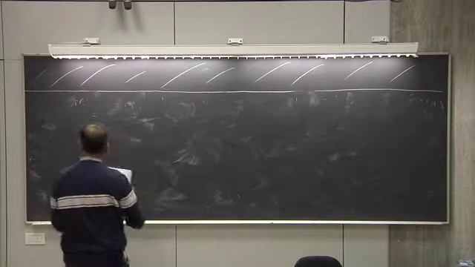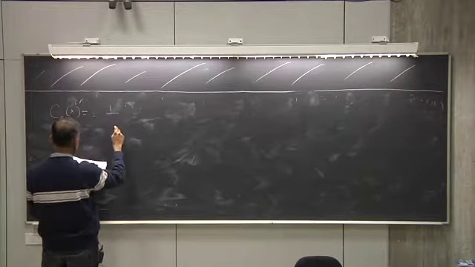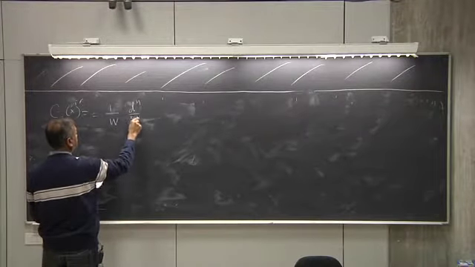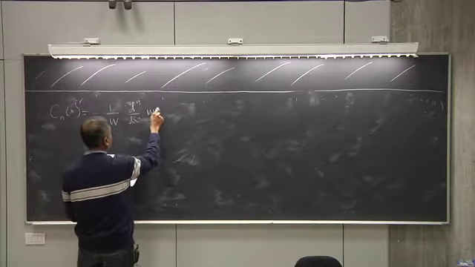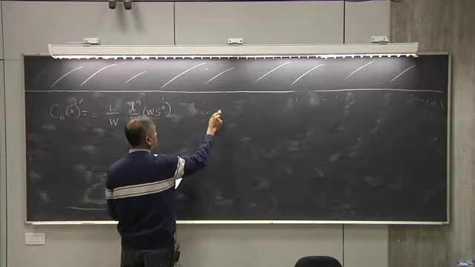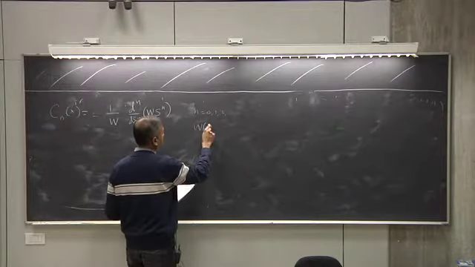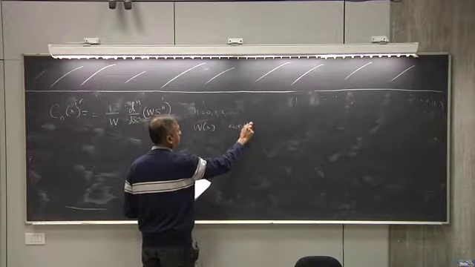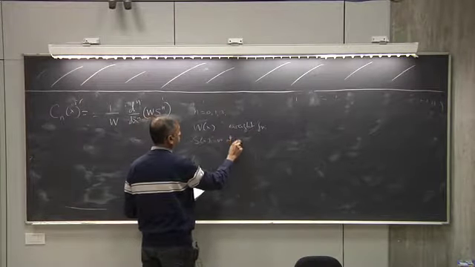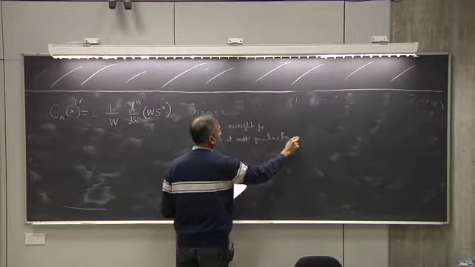So let me remind you, the Rodrigues formula was C_n(x) equal to 1 over w, where w is a weight function, d^n/dx^n acting on w times s^n, where n goes from 0, 1, 2, etc. And s(x) is at most quadratic in x.